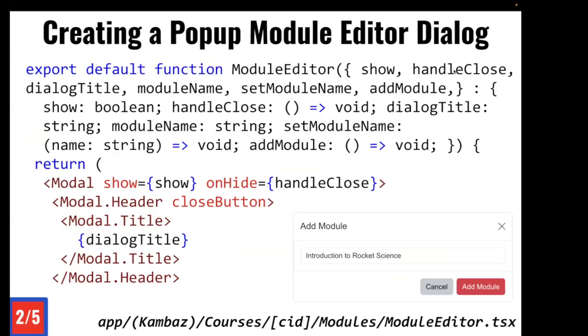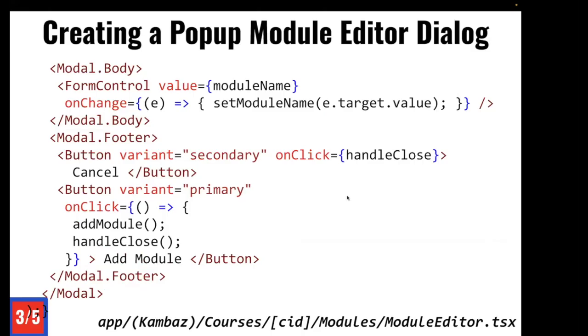So we're passing handle close as an argument so that we can invoke it whenever we press on the escape key, or we press on the X, or we press on cancel. We're going to call handle close so that it will close.